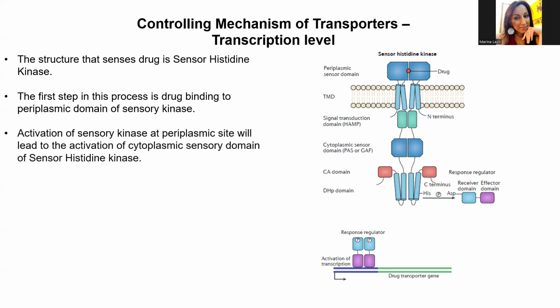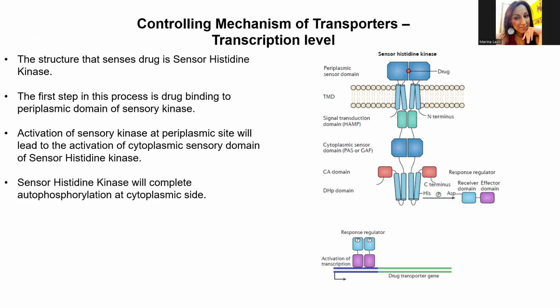So the first step, and this order really matters, I really want you to understand this. The first step in this process is the drug binding to the periplasmic domain of the sensory kinase. So the drug needs to bind to activate that sensory kinase. When the drug binds, that activates the sensory kinase at the periplasmic site, which will lead to the activation of the cytoplasmic domain of the sensory kinase. And what you will see is autophosphorylation. So again, the sensory kinase's cytoplasmic domain will phosphorylate itself.